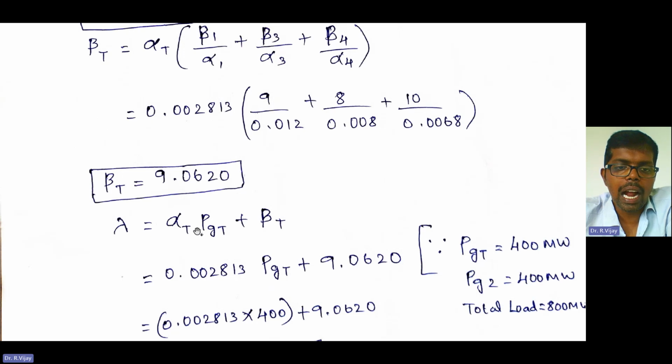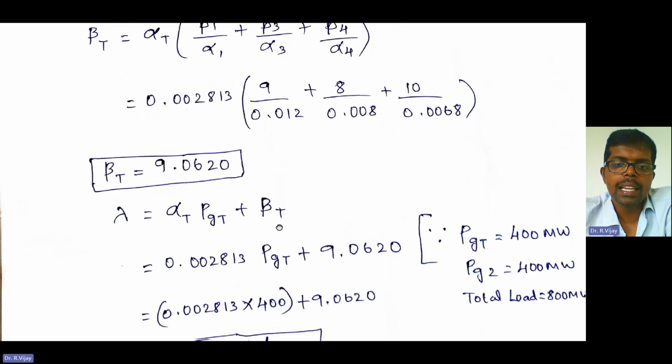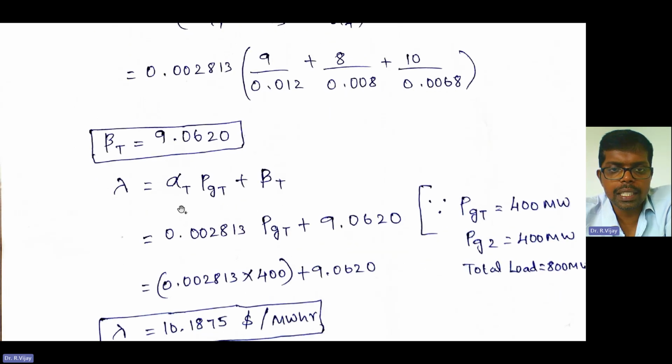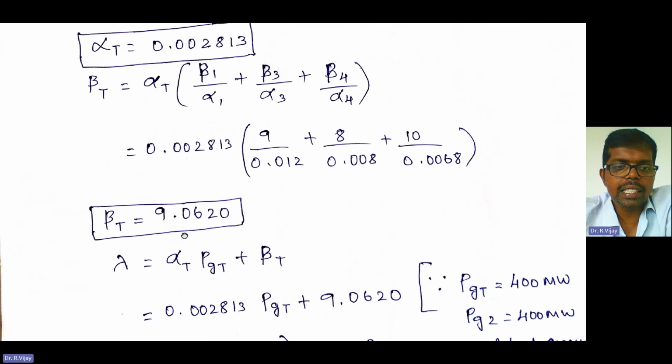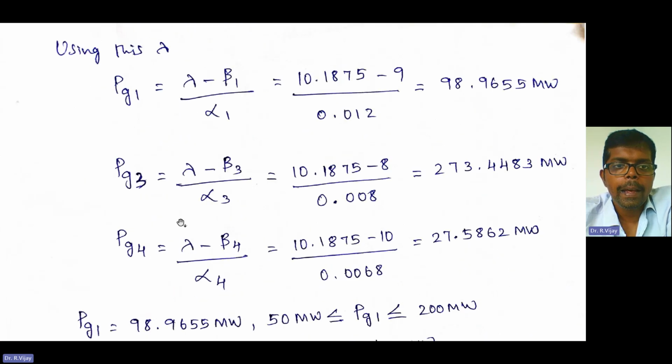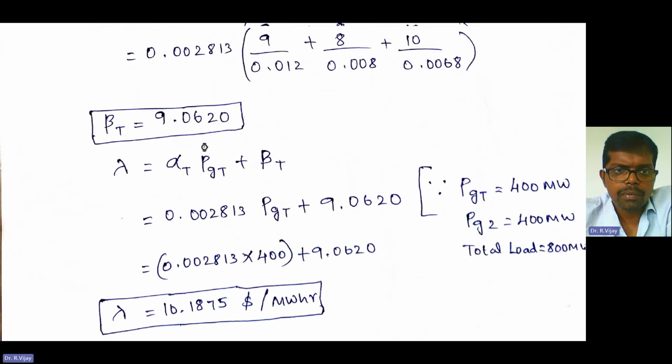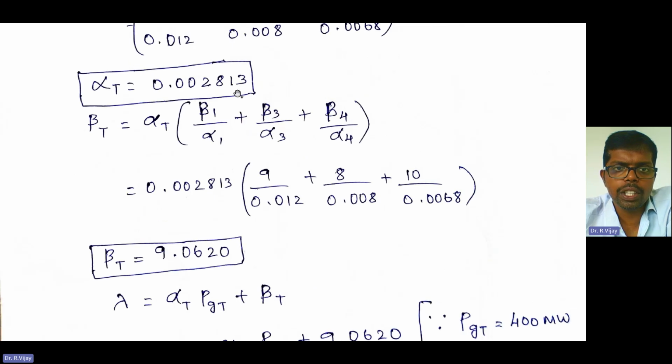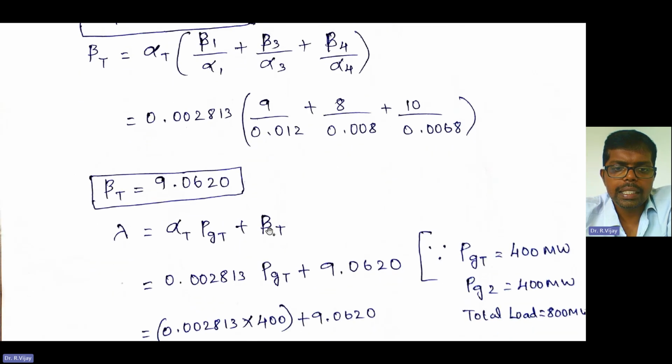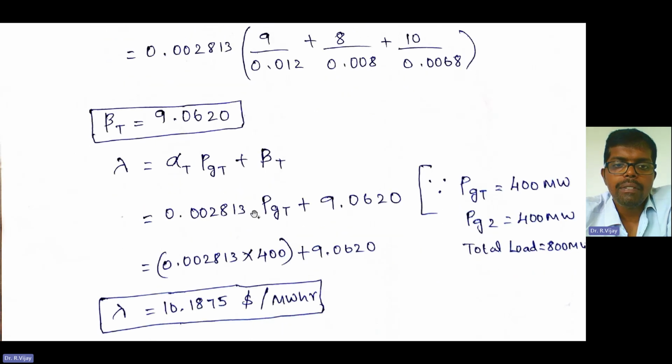Next, what is the incremental fuel cost lambda? Lambda is equal to alpha t into PGT plus beta t. We have already seen this equation. Alpha t we already calculated as 0.002813, and beta t as 9.0620. Now we are taking PGT as 400 megawatt. How?